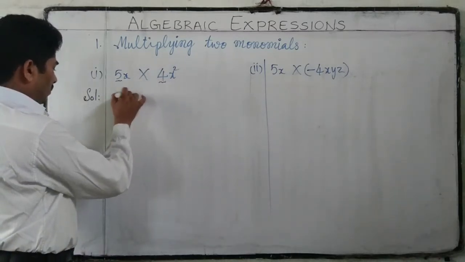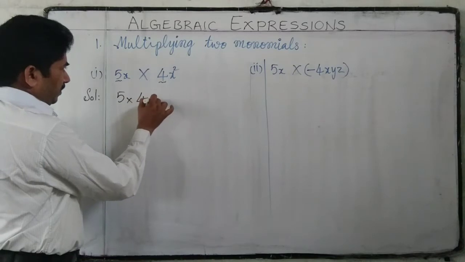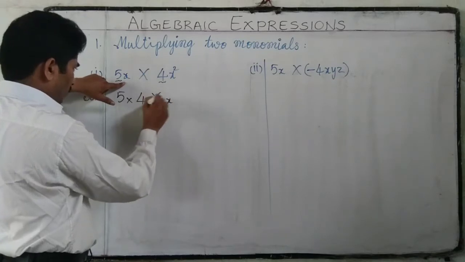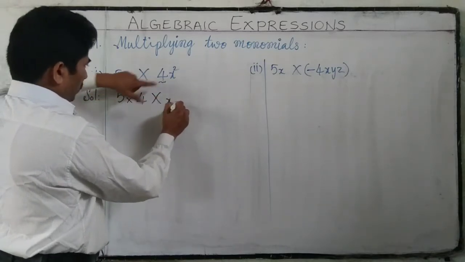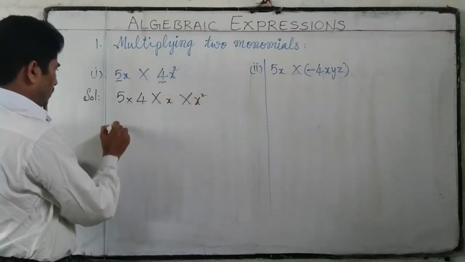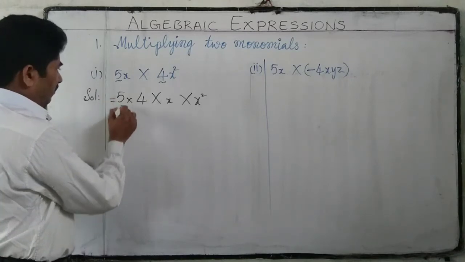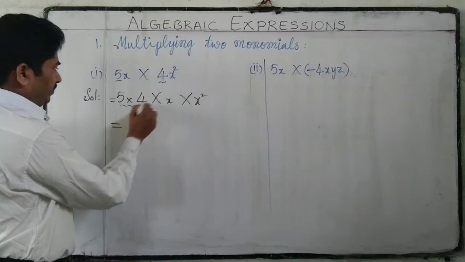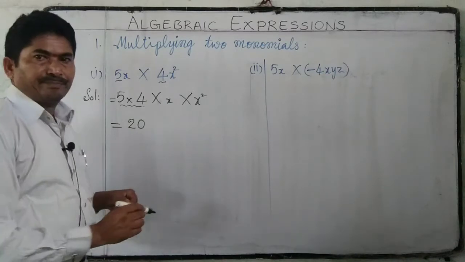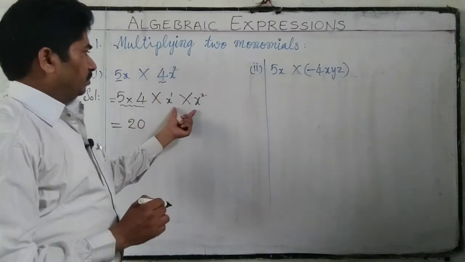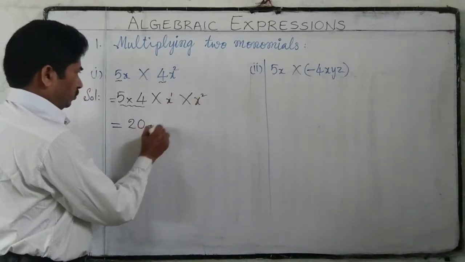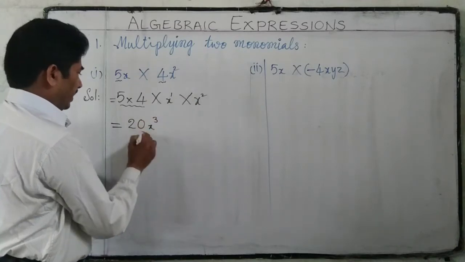First we have to multiply, then the variables: x into x square. 5 fours are 20. Here the bases are equal, so we can add the powers: x to the power of 1 plus 2, 3. So 20x cube.